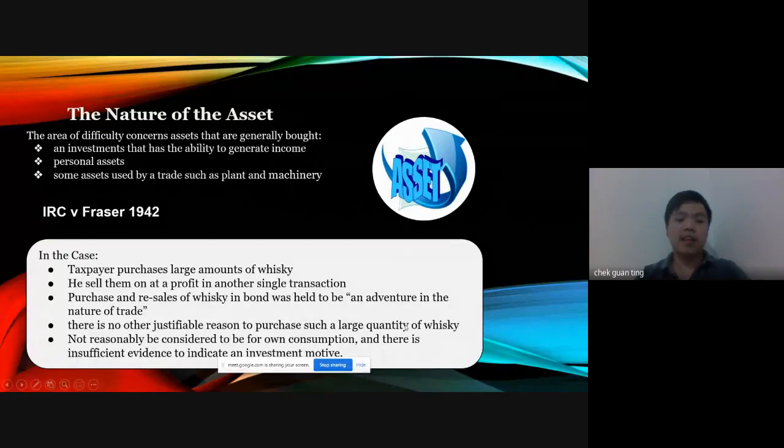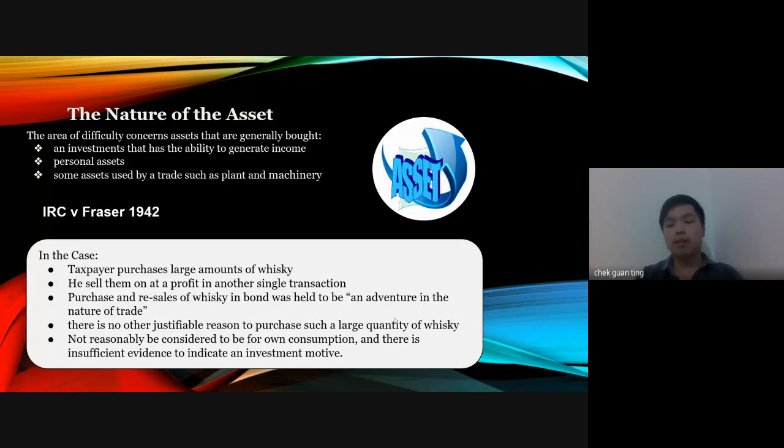In this case, there is no other justifiable reason to purchase such a large quantity of whiskey, so it is also not reasonable to consider it for own consumption, and there is no evidence to indicate an investment purpose. Then next we pass to another presenter.